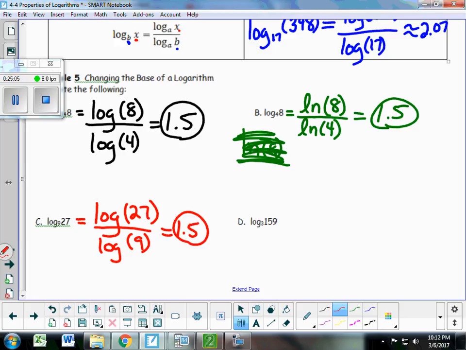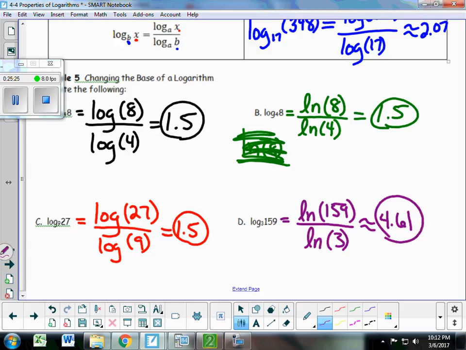And this next one is, let's do natural log again. Natural log of 159 divided by natural log of 3. And that actually is an approximate answer of 4.61 rounded to the nearest hundredths place.